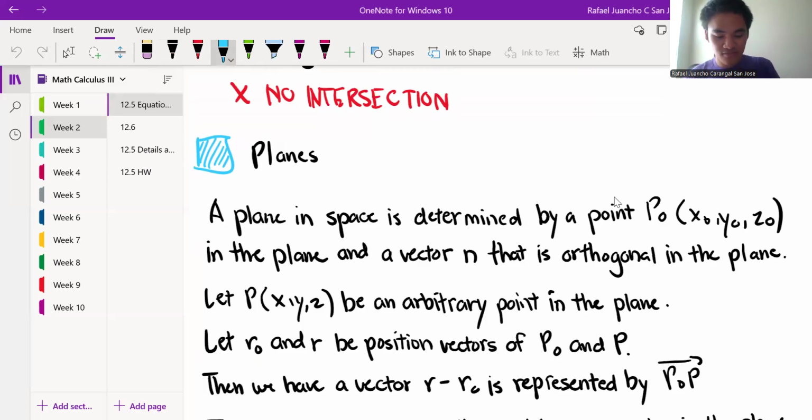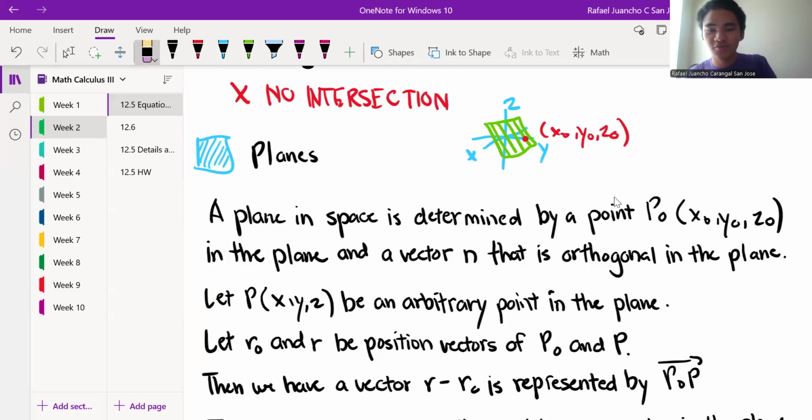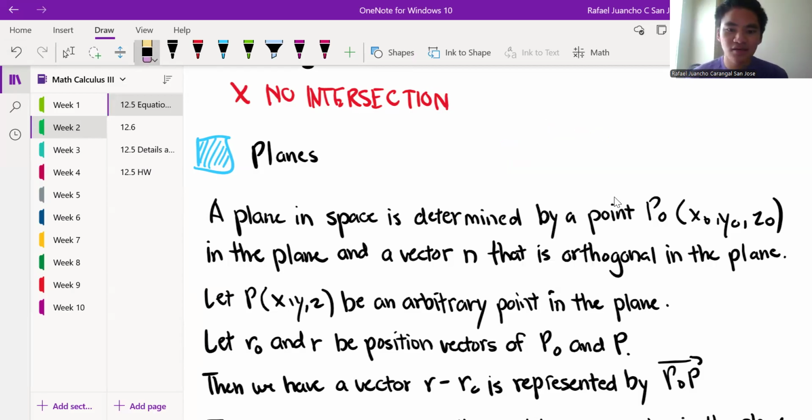Let's say you have this 3D thing, x, y, z, and this plane here. You need some point with x naught, y naught, z naught, a point that's in the plane. And we have a vector n that is orthogonal to the plane.